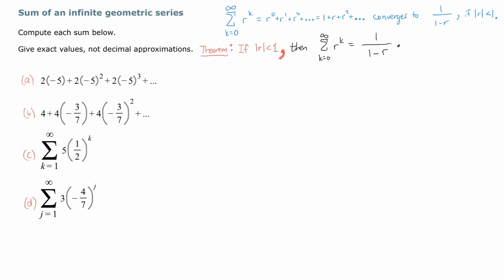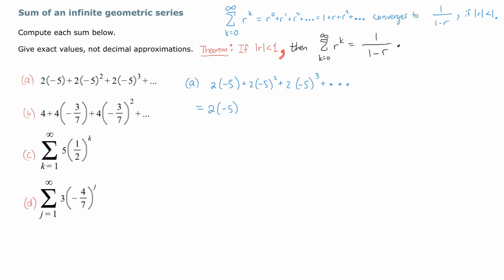We're going to use this formula to figure out the sums in A, B, C, and D. Let's start with A. Example A. I'm just going to start off by copying the problem again. And I can see that there is a common factor, and that common factor is 2 times negative 5.